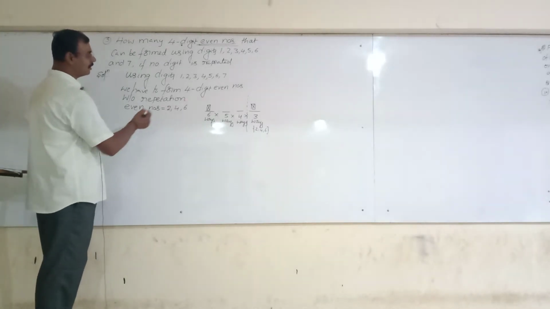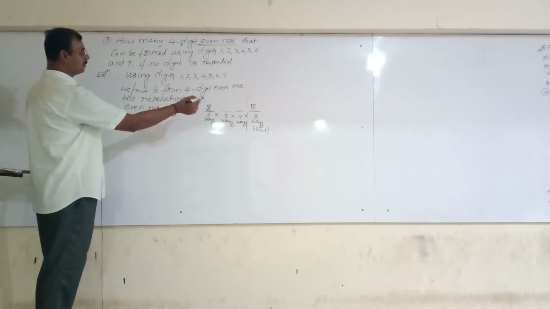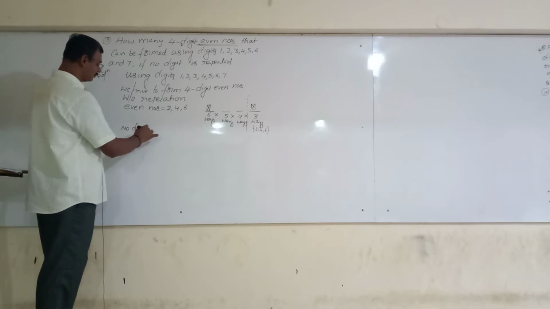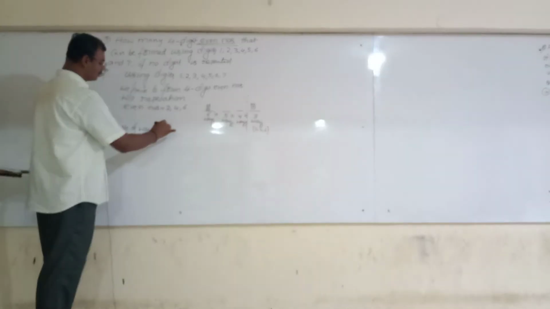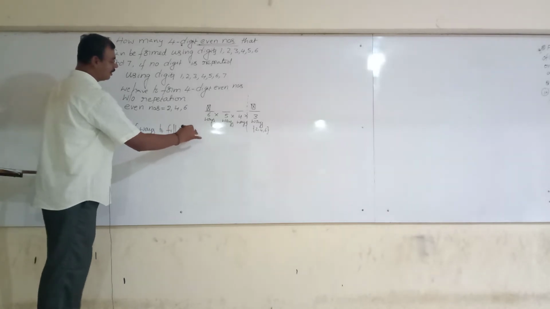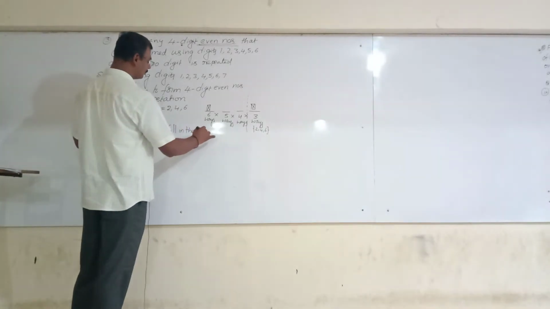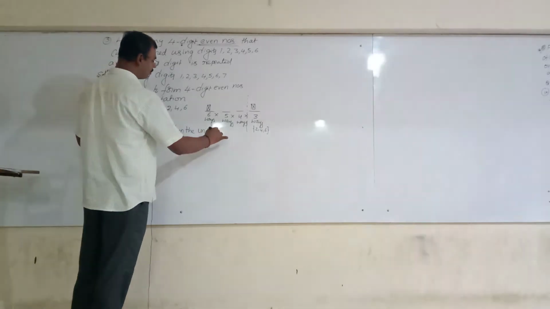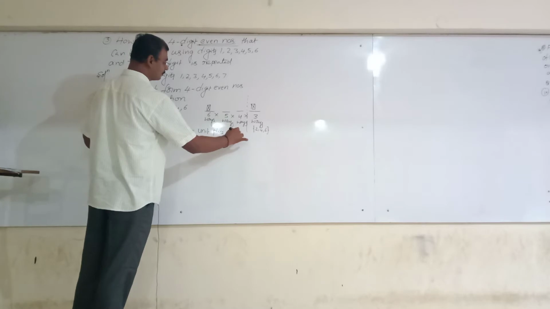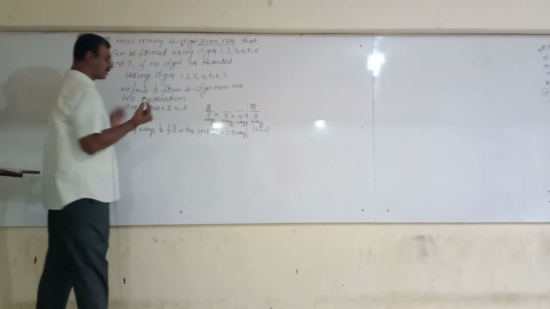How to write it? First, the number of ways to fill the unit place is equal to 3 ways. This long way is very simple.